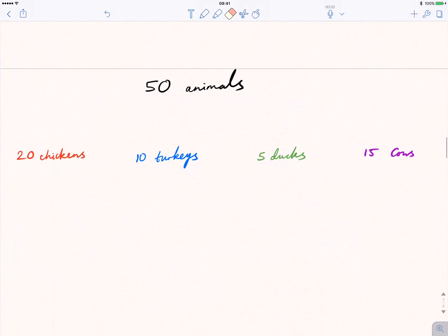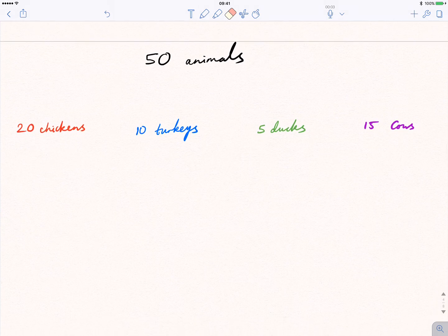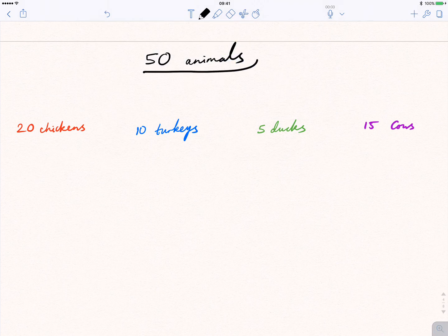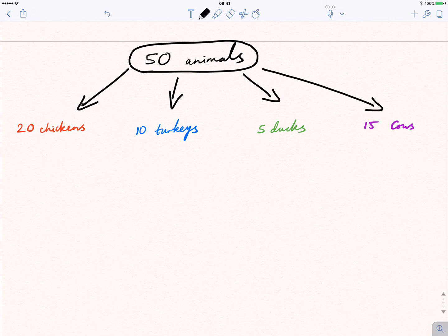Now, imagine this scenario where you have a farm which consists of 50 animals: 20 chickens, 10 turkeys, 5 ducks, and 15 cows. Now, suppose you were asked to write the number of chickens as a percentage of the total.